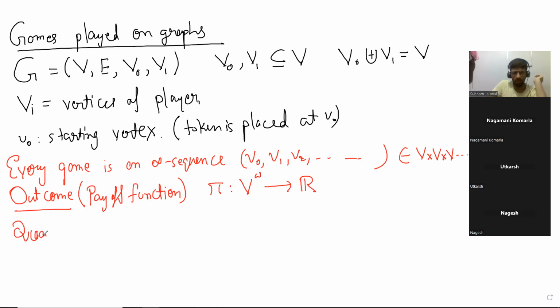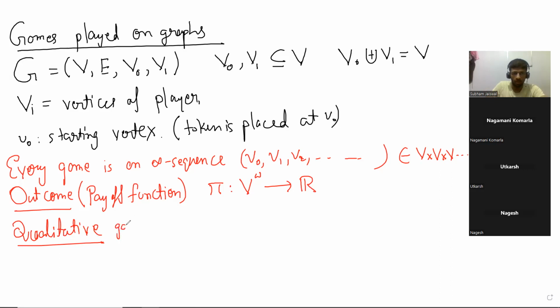Even if the outcome, so far we don't have any examples, that is one of the problems, but even if the outcome could also be a number, right? Like you're moving and some sort of a token counter is increasing, how many steps are taken to reach a certain vertex. So a win or lose game can still have that, but we have not even defined it, so it's not very clear to talk about it.